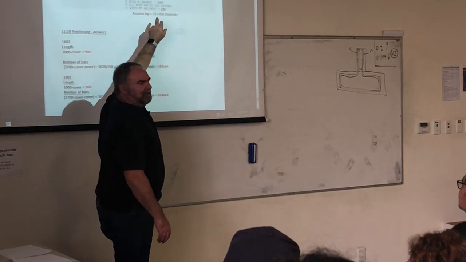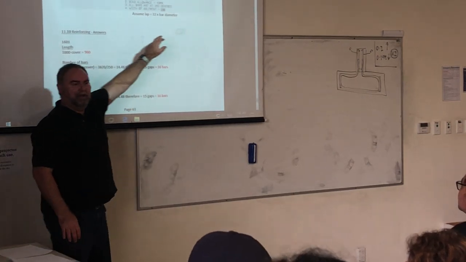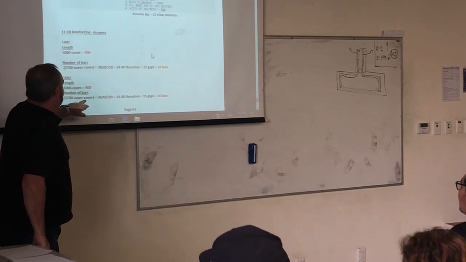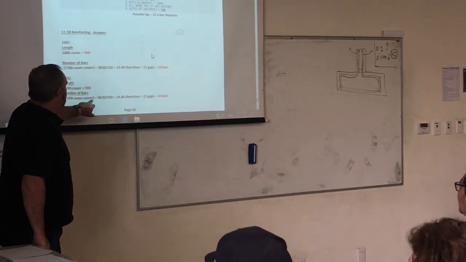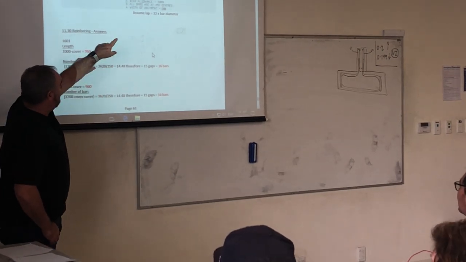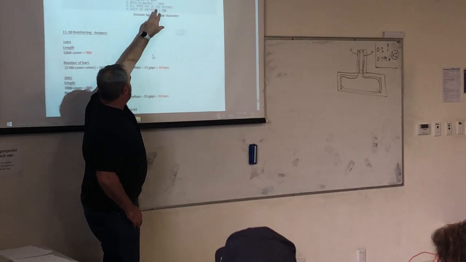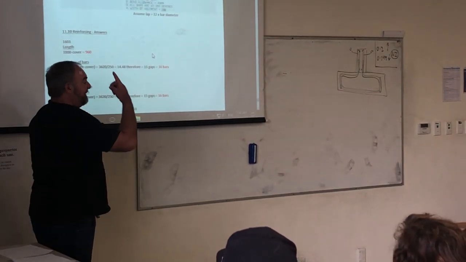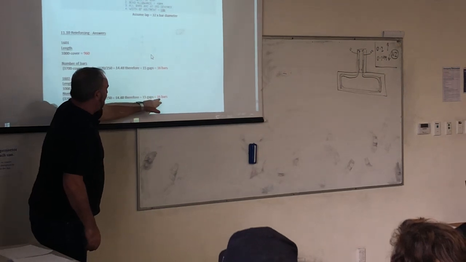You guys had 3,100, didn't you? Yeah. So 3,700 minus the cover, which is 40 and 40, makes 3,620 divided by the gaps, 250 centres, equals 14.48. Now that's an obvious one, it goes up, so that's 15 gaps, 16 bars.